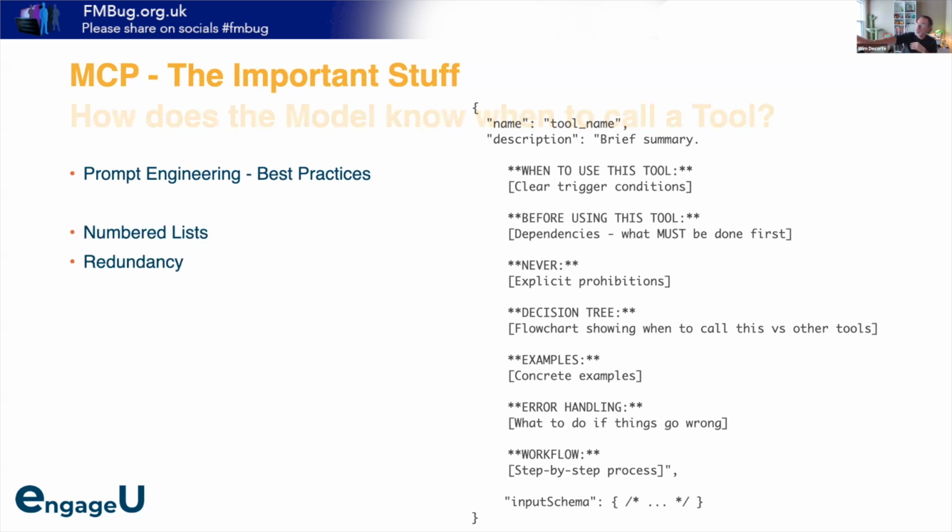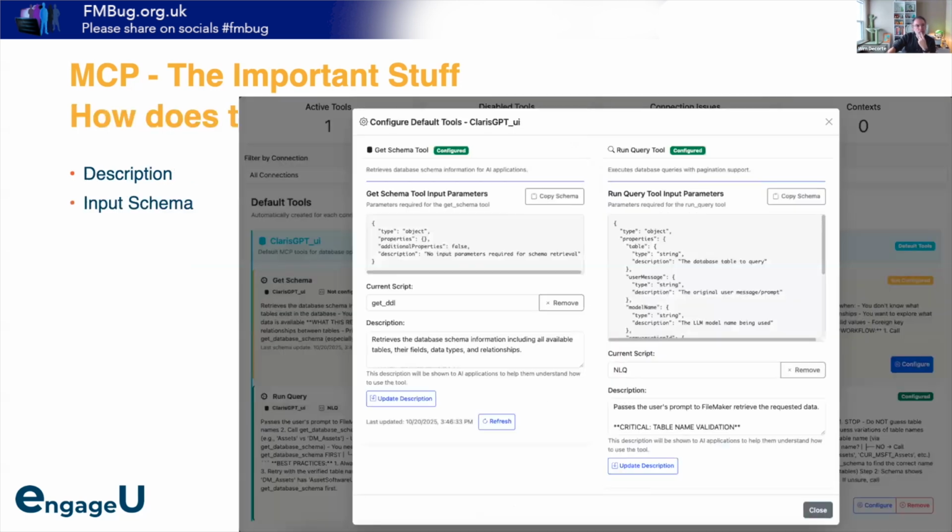What you see on the right-hand side of the screen is a good template of sections to fill in as you put these things together, where you very explicitly tell it things to do, things not to do, how to reason through things, and what decision tree to follow. If you have some examples, by all means include them, because those will be good things for the AI application to know what it needs to do.